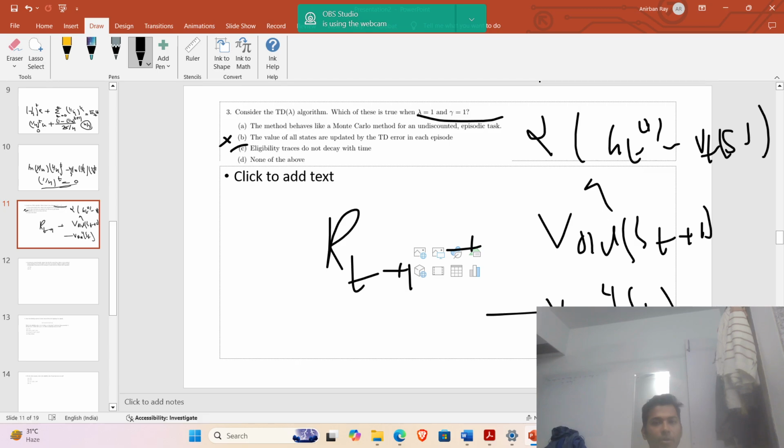So this method behaves like a Monte Carlo method for an undiscounted episodic task. So the undiscounted part is correct, so no discount actually, and episodic task. The episode is also correct, but is it like a Monte Carlo method? That is what we have to understand. In Monte Carlo method, we do not do the dynamic programming way and sample the whole tree, but we sample only a few probable directions.